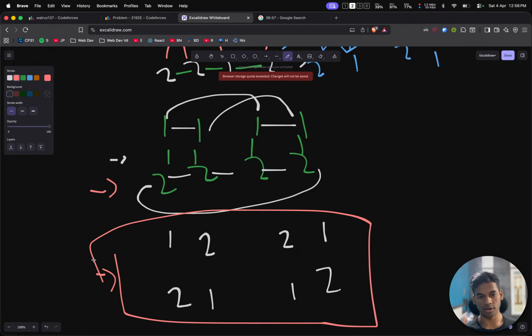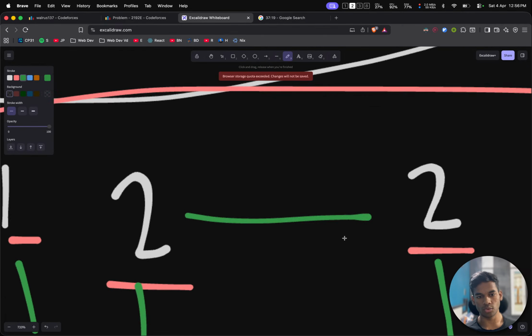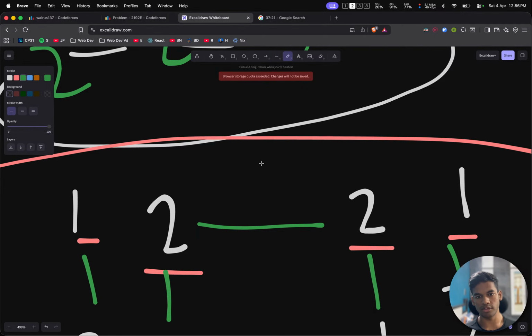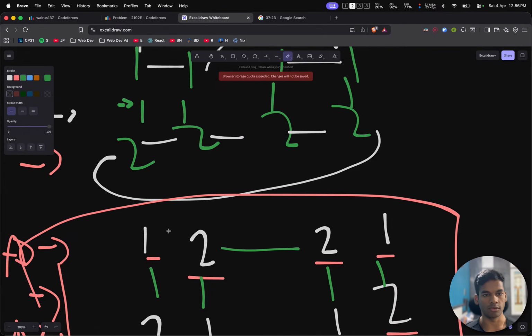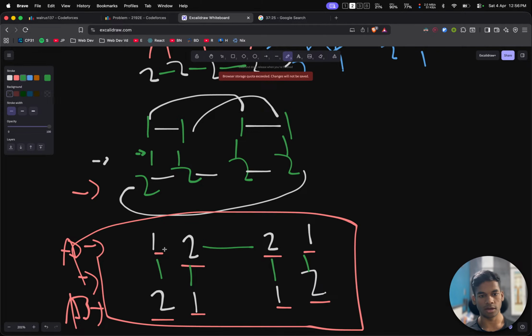This is a correct solution because the number of twos in array A is 2, and in array B we also have two twos, and two ones here, we have two ones here. But according to the connections that we made, this is not a bipartite graph because these two twos are connected to each other and they are on the same side. So I guess bipartite graph is not the right way to go.